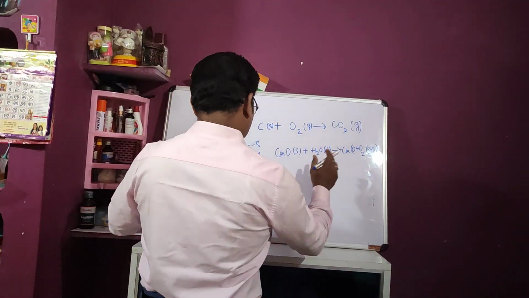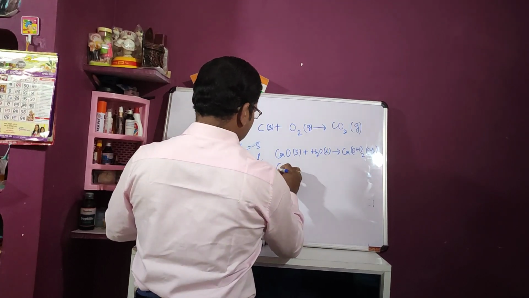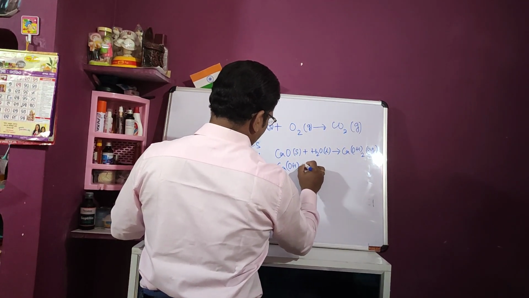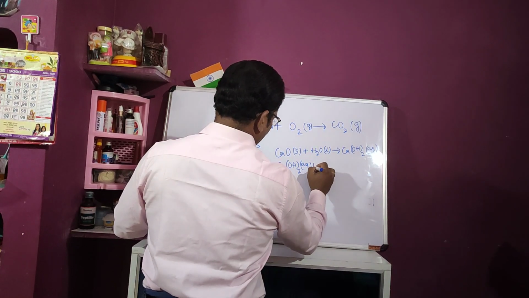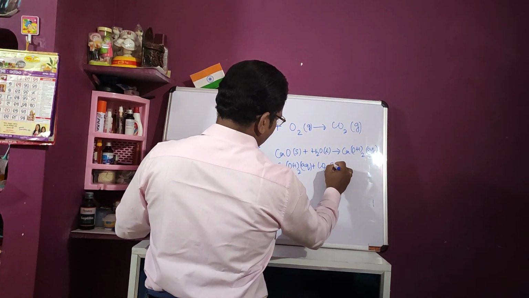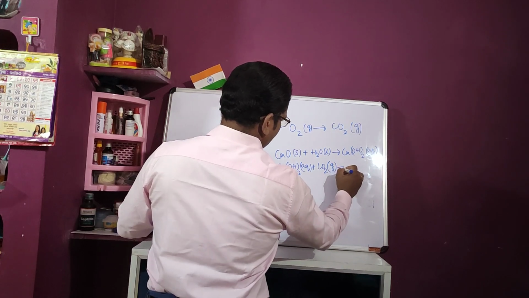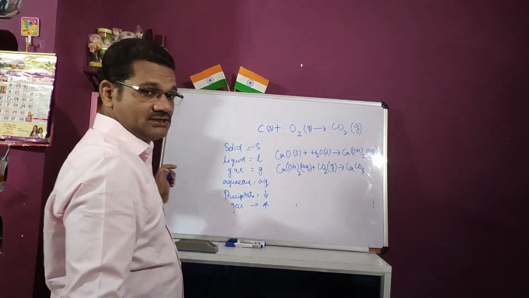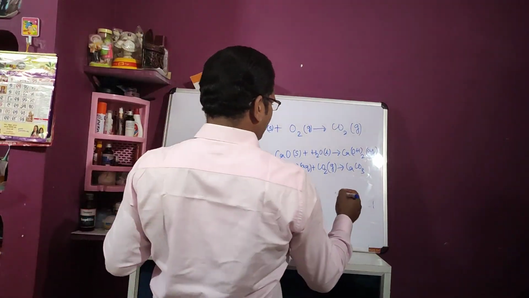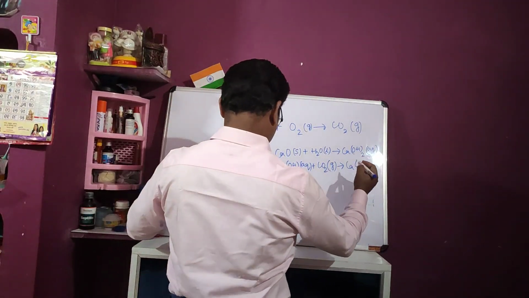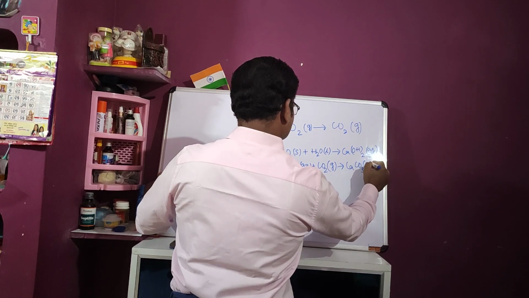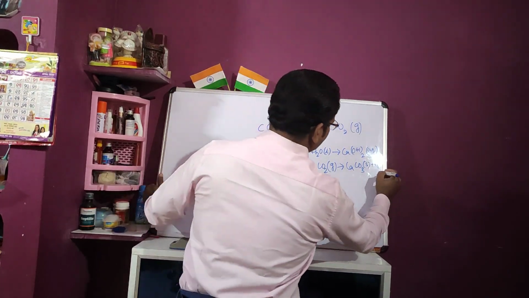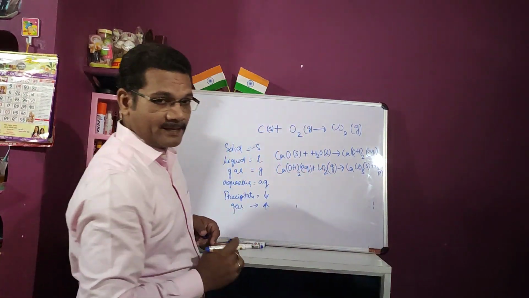Now, suppose this calcium hydroxide again, this is aq, reacts with carbon dioxide gas. It forms calcium carbonate, CaCO3, which is a solid, plus water. That is liquid form. Clear?